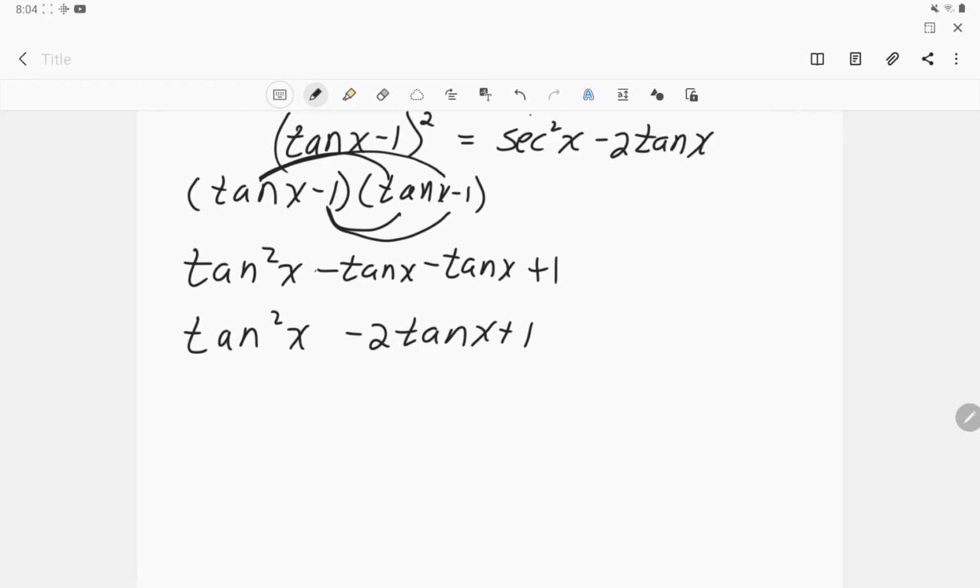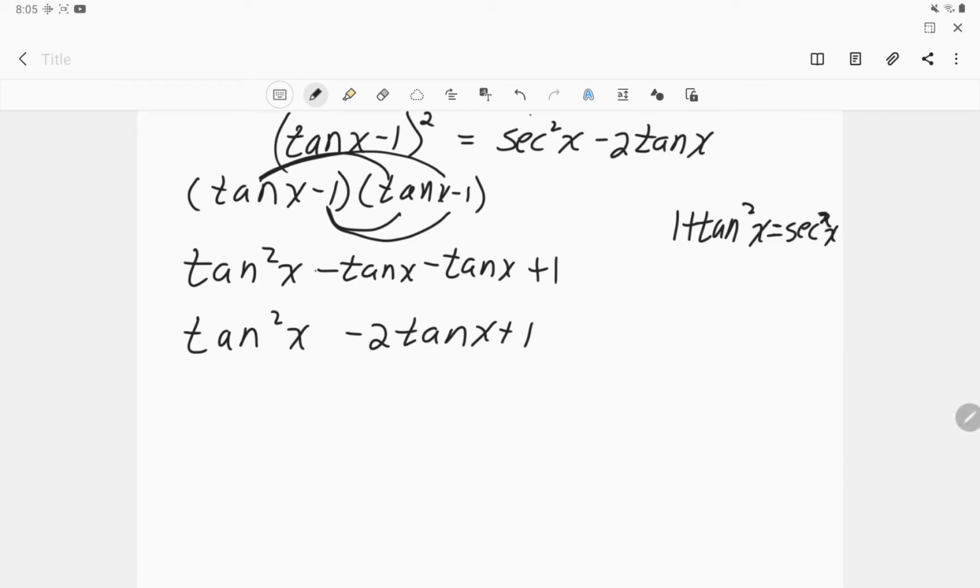Now, back on page 259 in example 1, they give you an identity that says 1 plus tan squared x is equal to secant squared x. That's an identity. That's just something, if you see a 1 plus tan squared x, you can replace that with the secant squared x because that's a known identity.